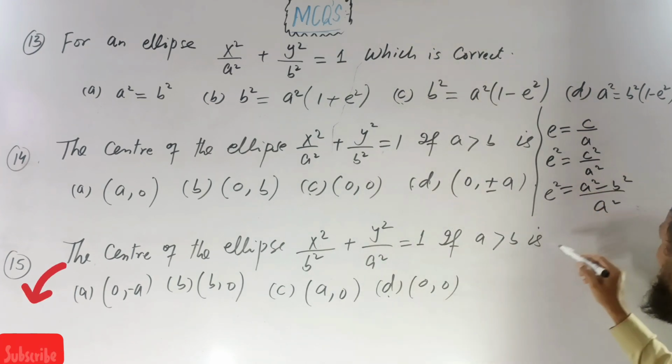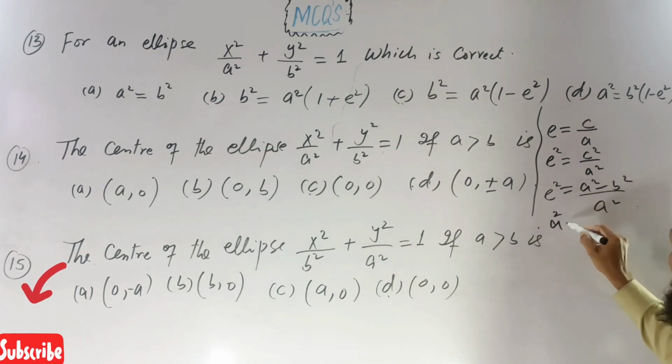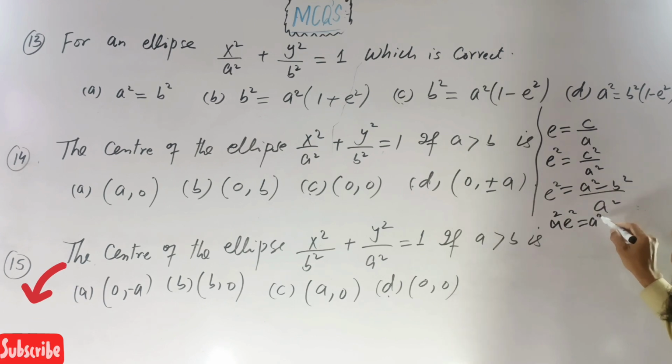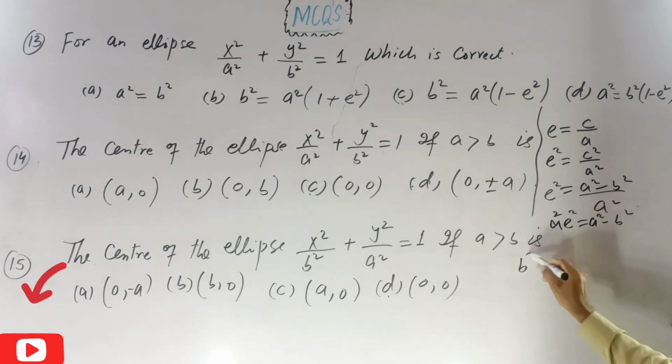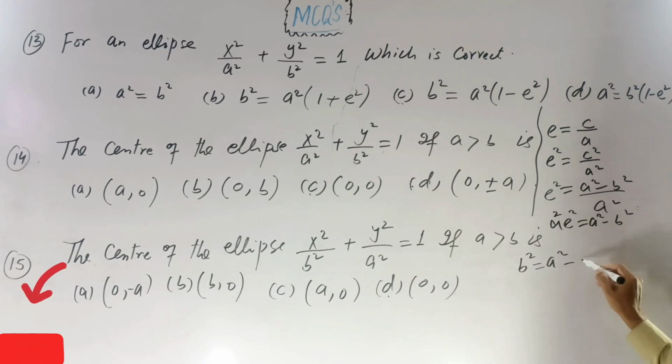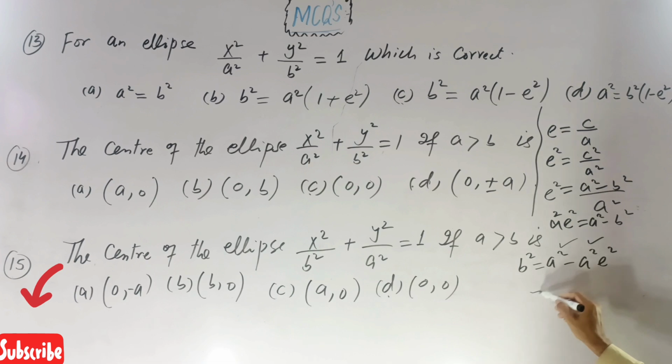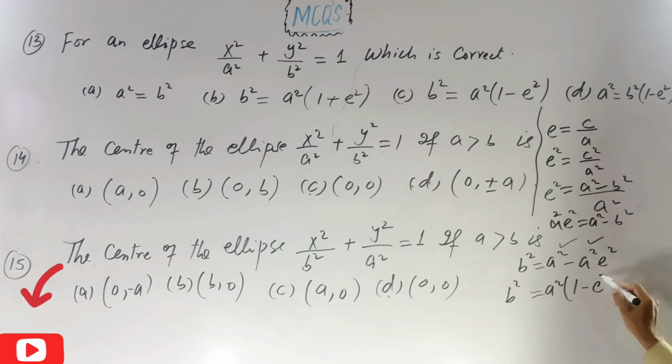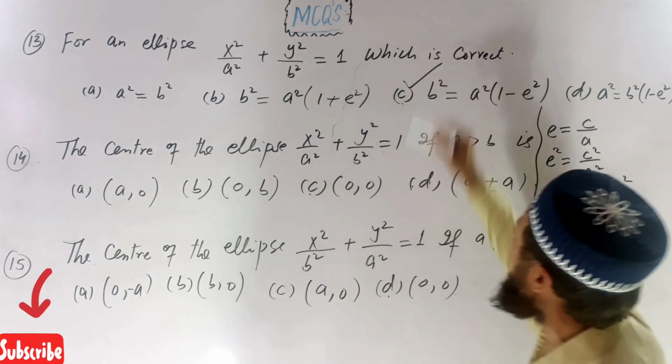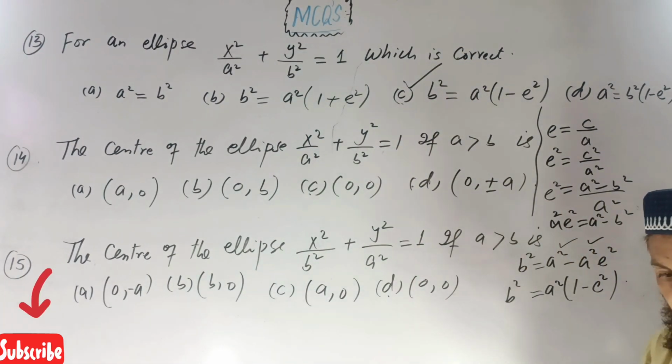If we multiply this result, a square e square is equal to a square minus b square. We change this result: b square is equal to a square minus a square e square. We take a square common, so b square is equal to a square times 1 minus e square. So we check the options here, C is the correct option.